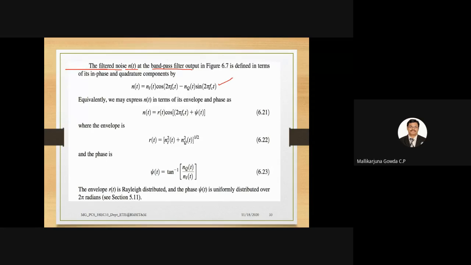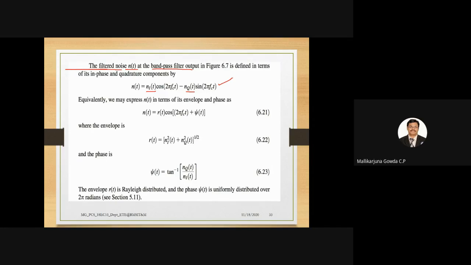So n(t) can be expressed as n_I(t) cos(2πf_c t) minus n_Q(t) sin(2πf_c t), right? Something multiplied by cos is the in phase component, and something multiplied by sine is the quadrature component. So I express the filtered noise in terms of in phase and quadrature phase components.